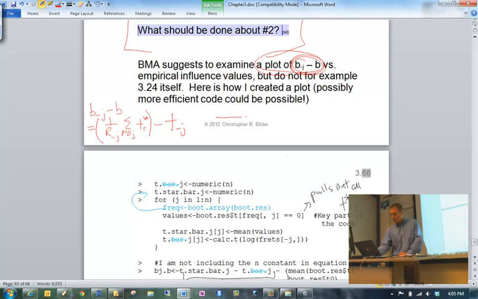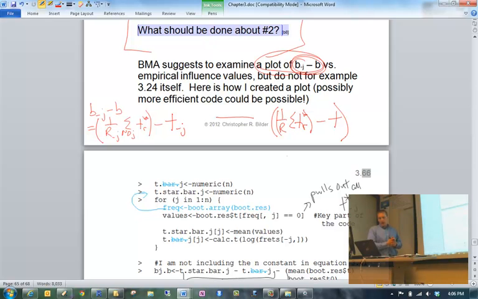And we're going to subtract from that 1 over R times the sum of T R star minus T. So B sub negative J is on the left side, B is on the right side. We want to be able to calculate that.